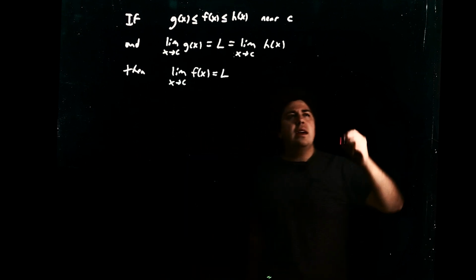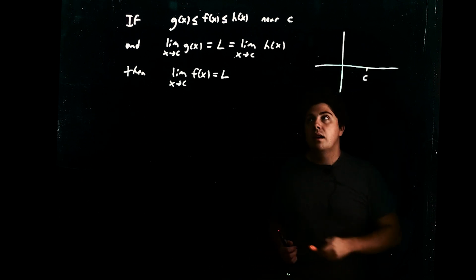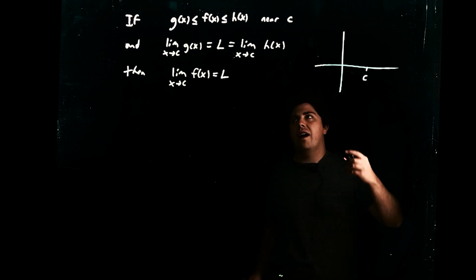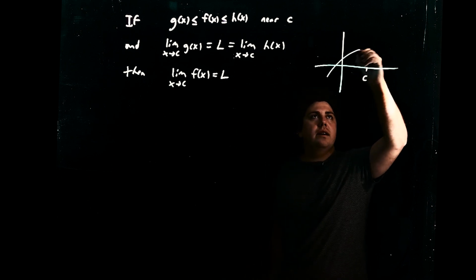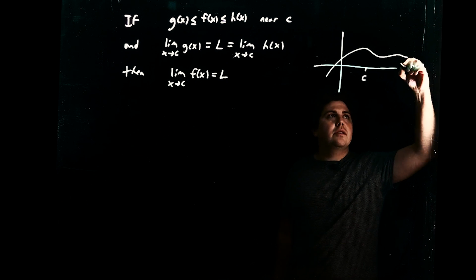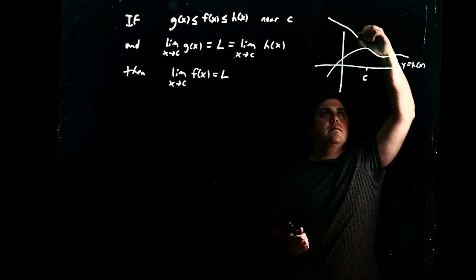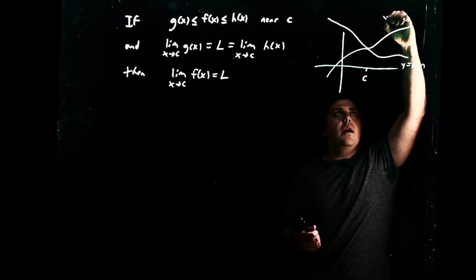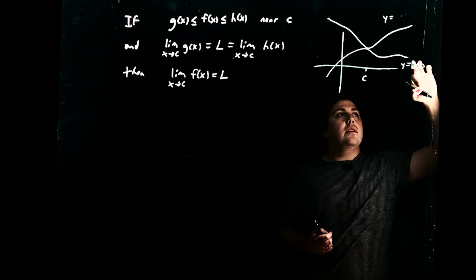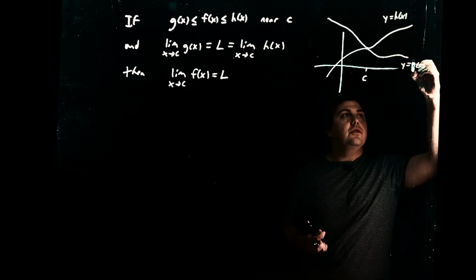So let's just draw a very quick and dirty graph over here. If this is c, the idea is that the function f is being squeezed, hence the name, between the graphs of g and h. So let's say this thing here is h of x. h of x is on top, I apologize, this guy here is g of x.